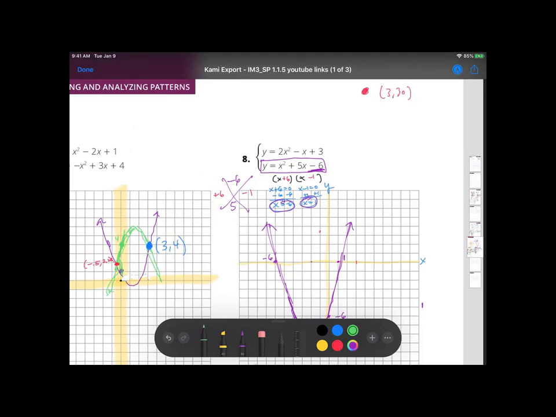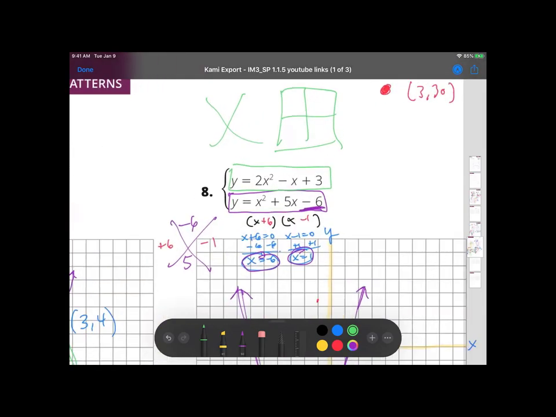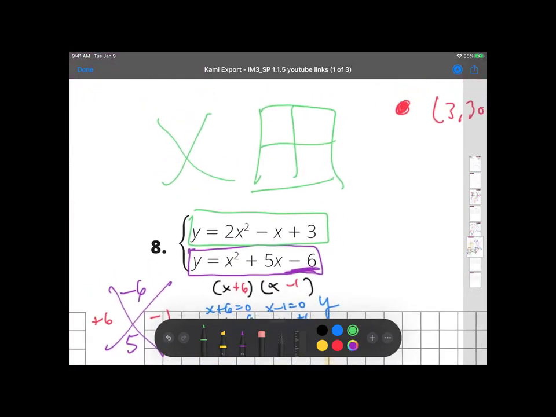Let's graph this one. Again, if you factor it really quickly, I'm trying to show you how to graph that by hand. A times c is 6, b value is -1. There are no two numbers that multiply to be 6 and add to be -1.